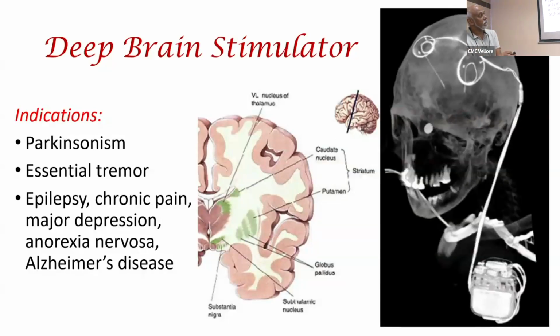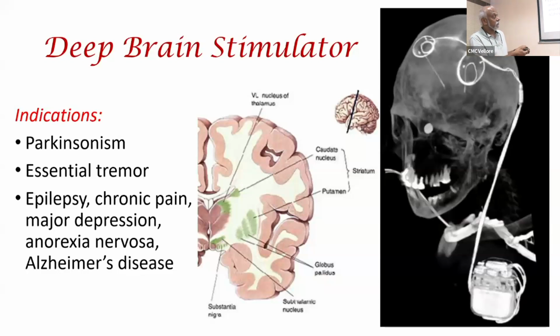So basically, you pass these leads into the basal ganglia region. You can find the subthalamic nucleus, substantia nigra, or the globus pallidus, because rigidity and tremors are located differently, and they know exactly where to put it.